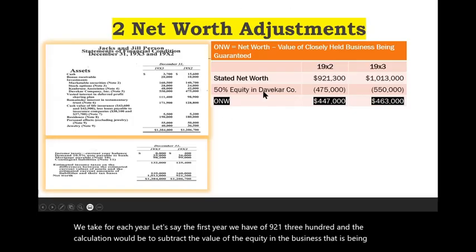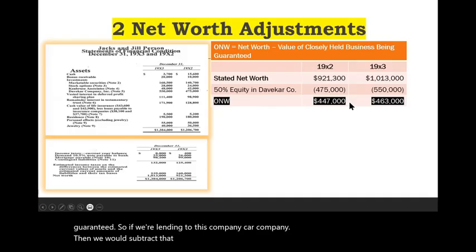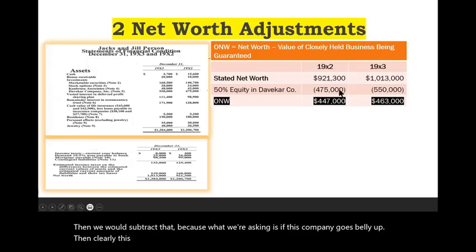So if we're lending to this company, David Car Company, then we would subtract that, because what we're asking is, if this company goes belly up, then clearly this has no value. This would be zero.